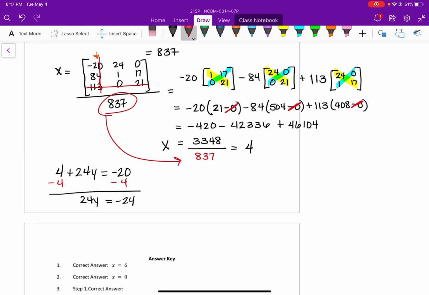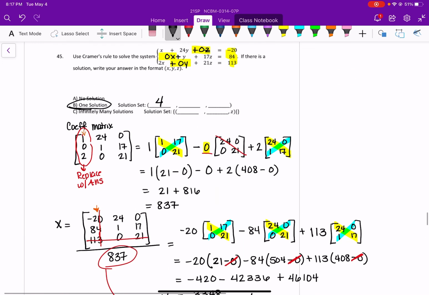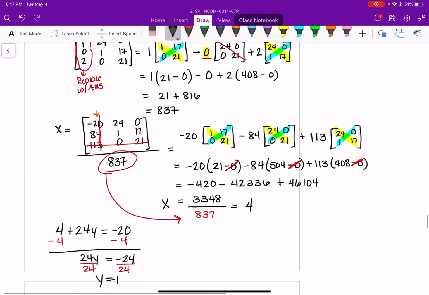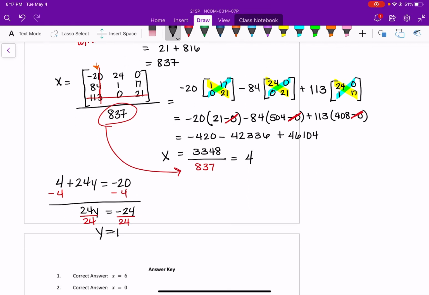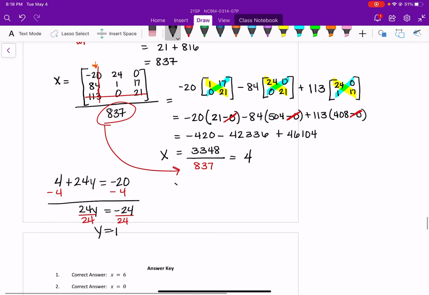I'm going to divide by 24 on both sides. And y is equal to negative 1. Oops, forgot my negative there. So we got this answer now. This is negative 1. Well, if I know what y is, if I look at that second equation on my chart here, it is y plus 17z is equal to 84.